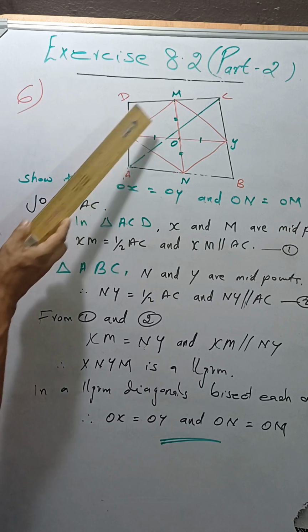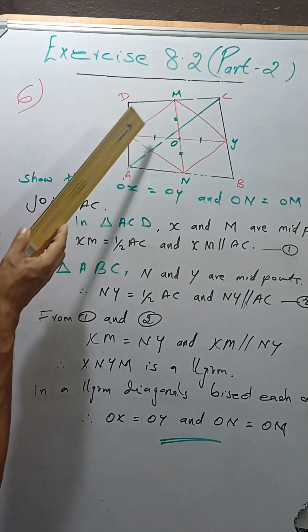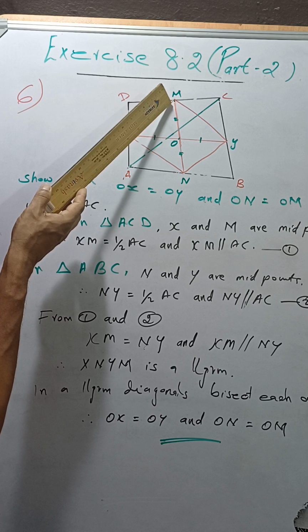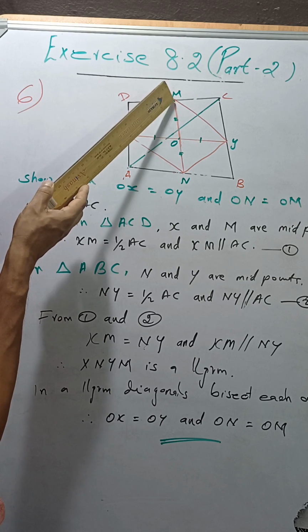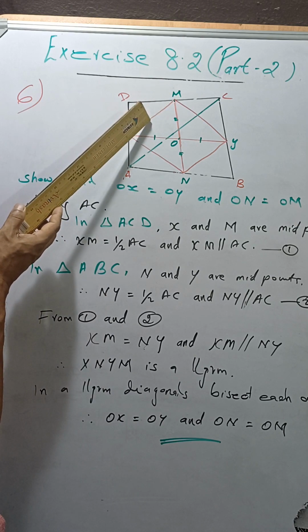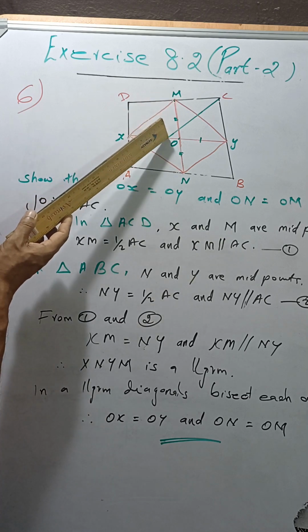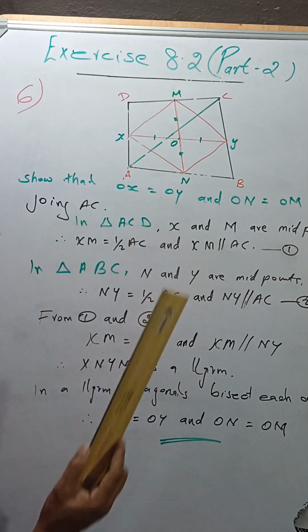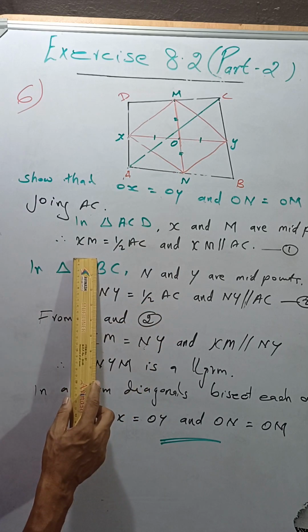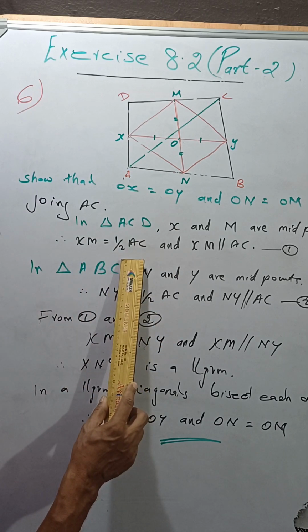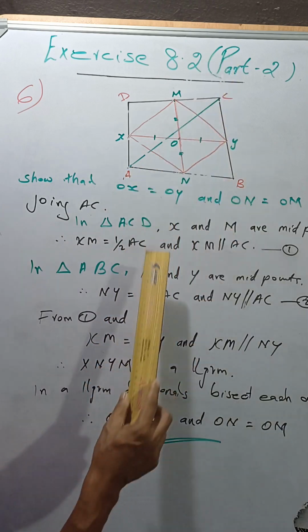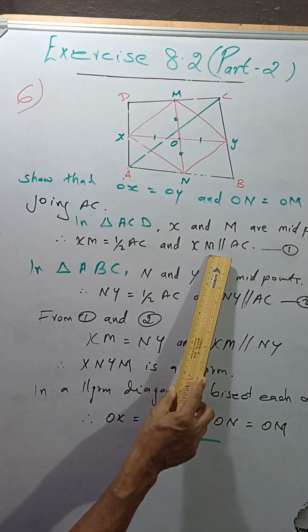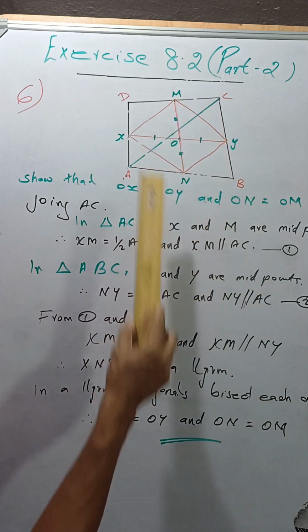If we join the midpoints of two sides of a triangle, the line segment will be parallel to the third side AC and half of AC. By the midpoint theorem, XM is equal to half of the third side AC and XM is parallel to AC. That is 1.